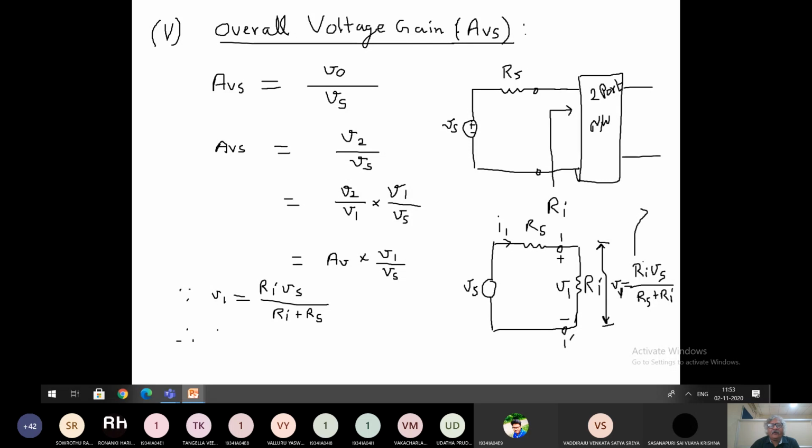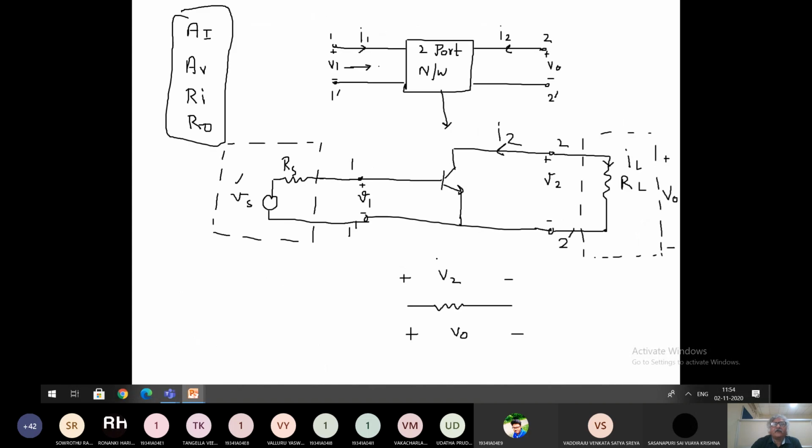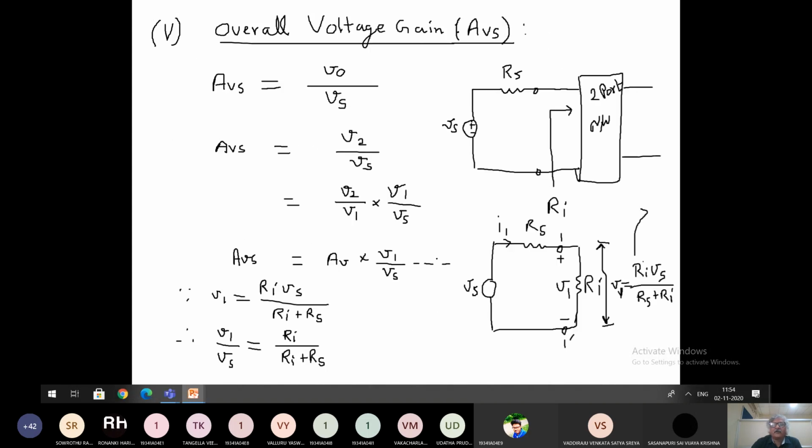Therefore, V1 by Vs is equal to Ri by Ri plus Rs. Okay, like this. I will give this equation a number. What number shall I give? 13. This is my equation number 13.